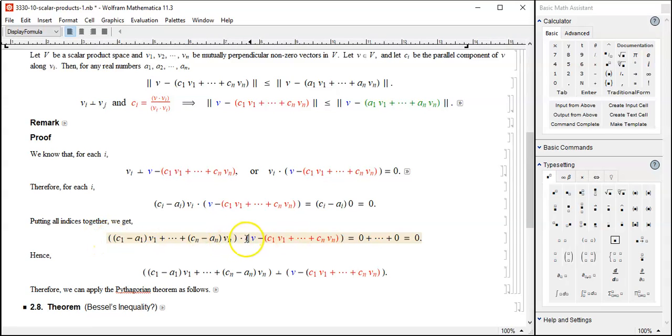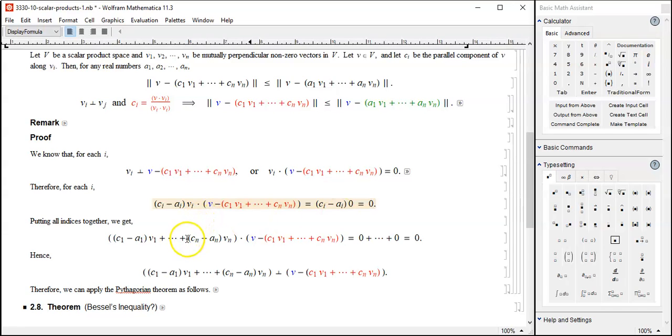So what do we have? This dot product of that is equal to 0. We just saw that. Next, C2 minus A2 times V2 dot product of this has to be 0, as you saw before. Repeat, repeat, repeat.